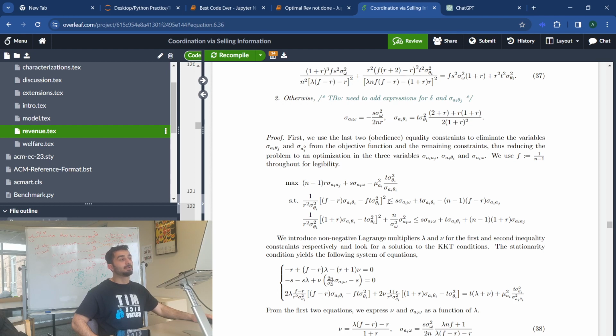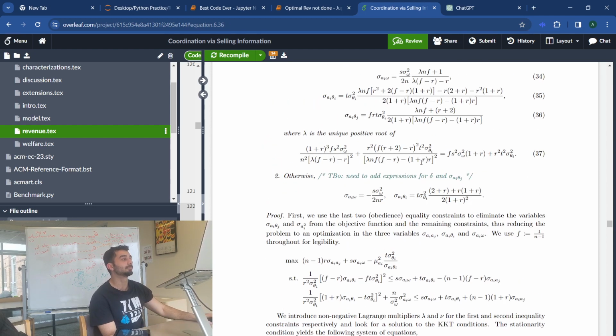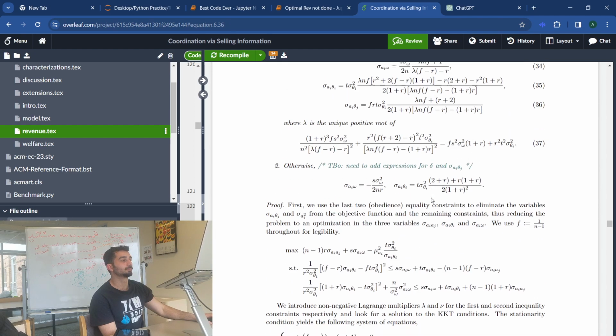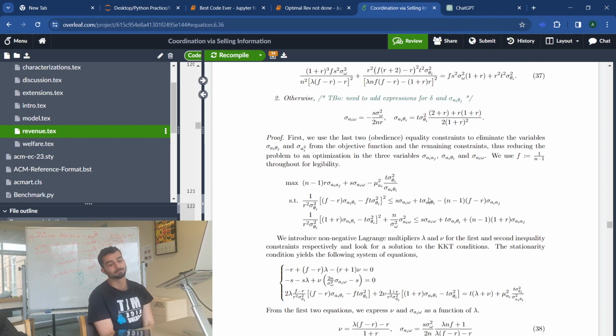We have it here. Put it in the first one. It's just sigma ai theta I and sigma ai omega.